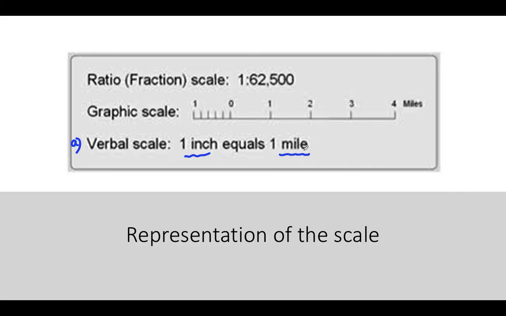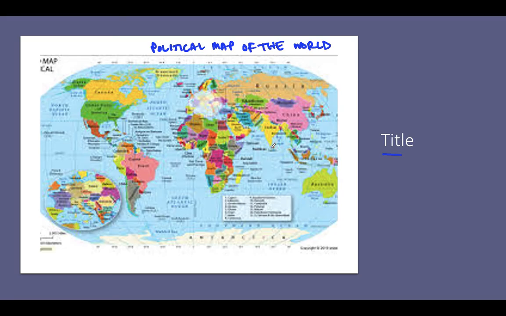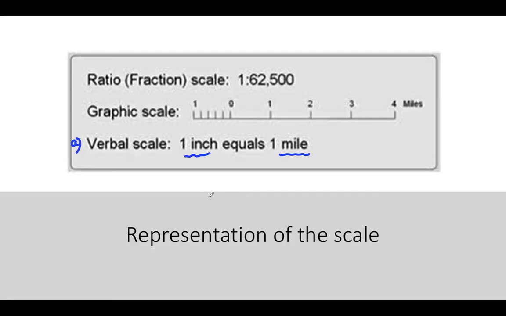It means that if you see 1 inch on any map, according to that rule, that is 1 mile. Clear? So it is called a verbal scale. What is a verbal scale?